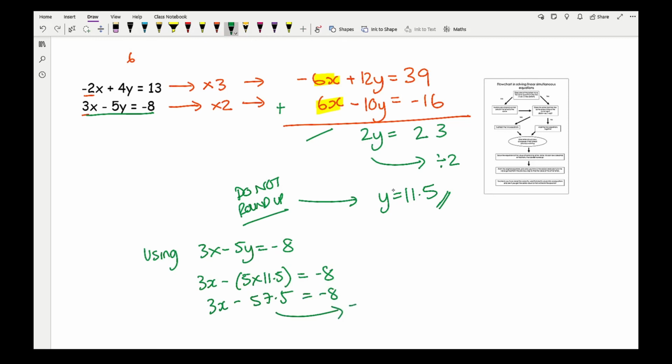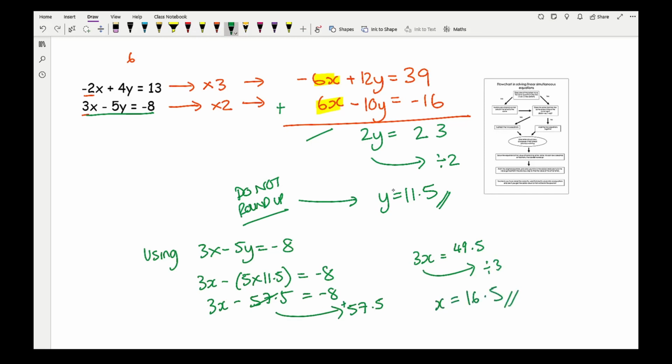So I take the 57.5 over to the other side by adding it, so that disappears. So I've got 3x equals minus 8 plus 57.5, which gives me 49.5. And then I divide by 3, and so I get a final answer of 16.5. So x equals 16.5.